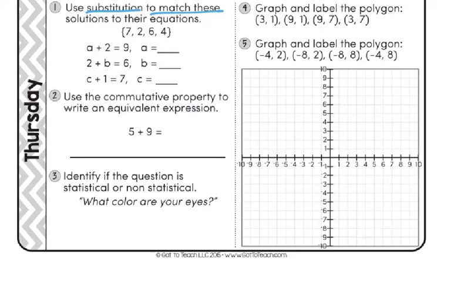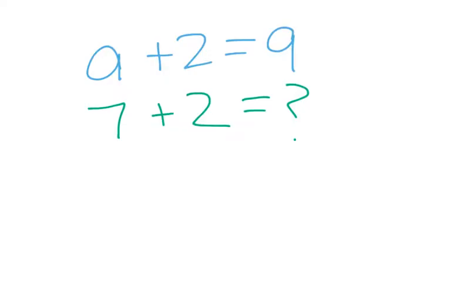Let's go back and look at another one here. You will do the same thing, substituting these numbers in for the variables in each of these problems. And if it's true, then that is your answer that will go right there. So let's try another one. C plus 1 equals 7.